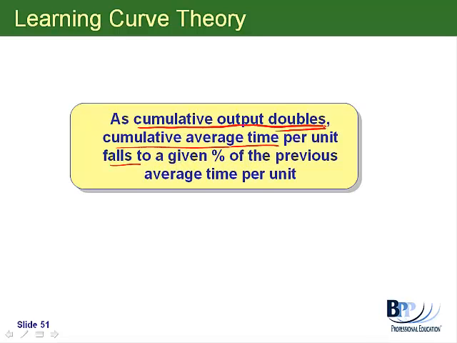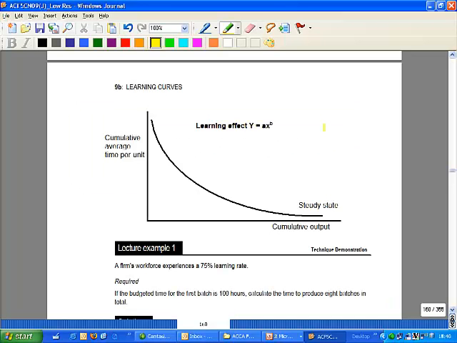So it's not with every extra unit that we make. To show this on a graph, you can see here the cumulative average time per unit. It falls as we make more and more units. But we do get to a point where this flattens out, and this is known as the steady state. That's where we've got as quick as we can at that, and this is now the amount of time it's going to take us to make our units.